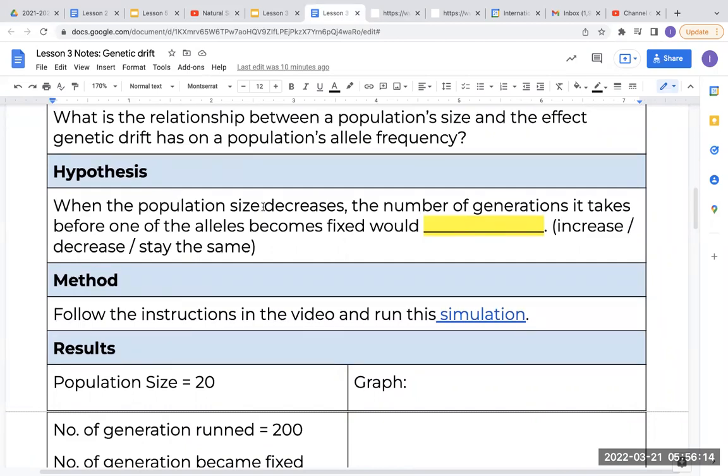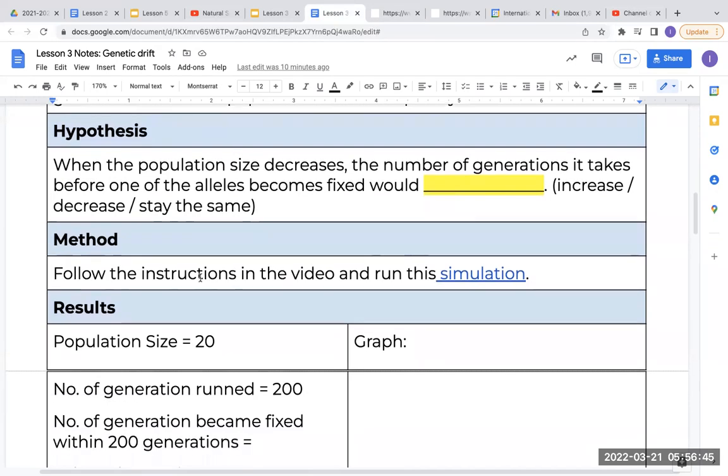I want you to think about, if I decrease the population size, making it very little amount of individuals in the population, the number of generations it takes before one of the alleles becomes fixed or lost would increase, decrease, or stay the same. I want you to have a think and put your hypothesis down. If you're working with a friend, have a chat to each other.